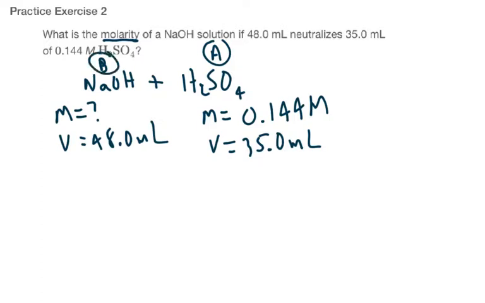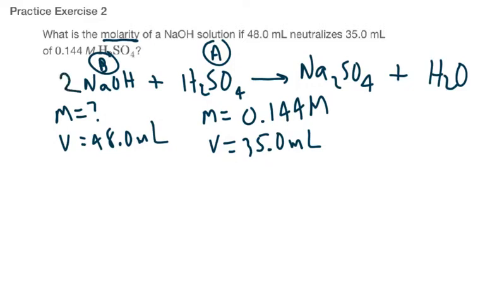Now remember that when an acid and a base react, we're going to make salt and water. The salt here is going to be Na2SO4, which is sodium sulfate, and we're also going to make water. We're going to need to balance. There are 2 sodiums on the right, so I'm going to put a 2 here. Then I'm going to need to balance those hydrogens.